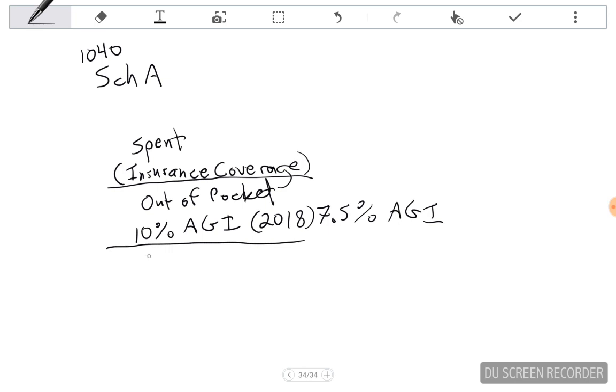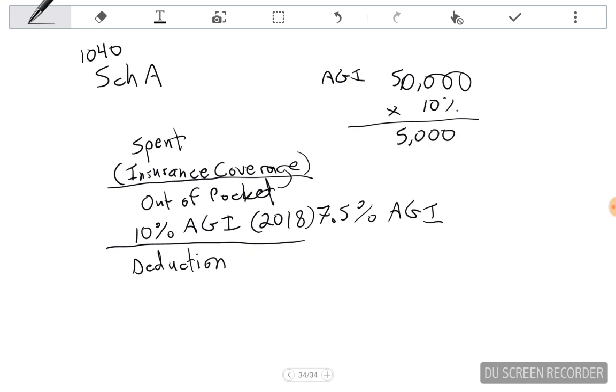And then this is where your deduction results. So even if we take insurance out of the picture, let's say you're just paying everything out of pocket, and let's say you make $50,000 a year. Okay, we multiply that, so let's just say that's your adjusted gross income after taking adjustments and everything. So let's say we'll multiply that by 10%.